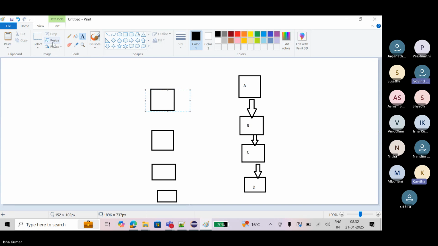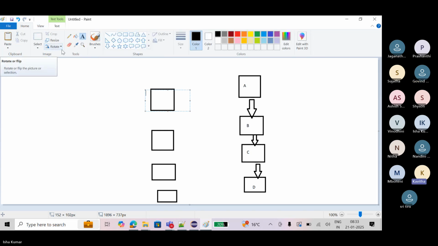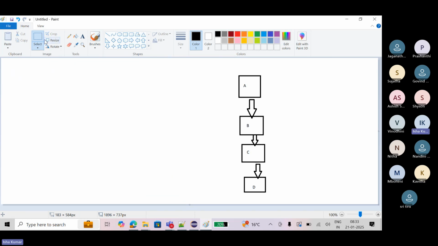Select the whole area, and then cut and delete. Delete. Good. Thank you. I am very weak in all these parts.